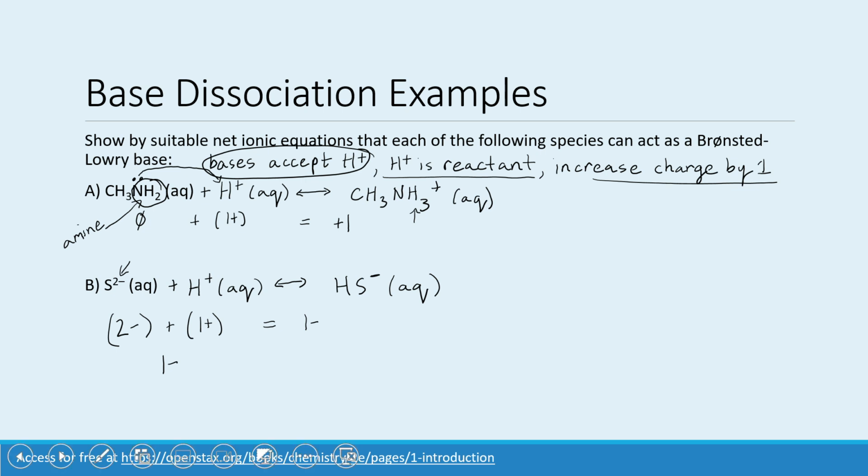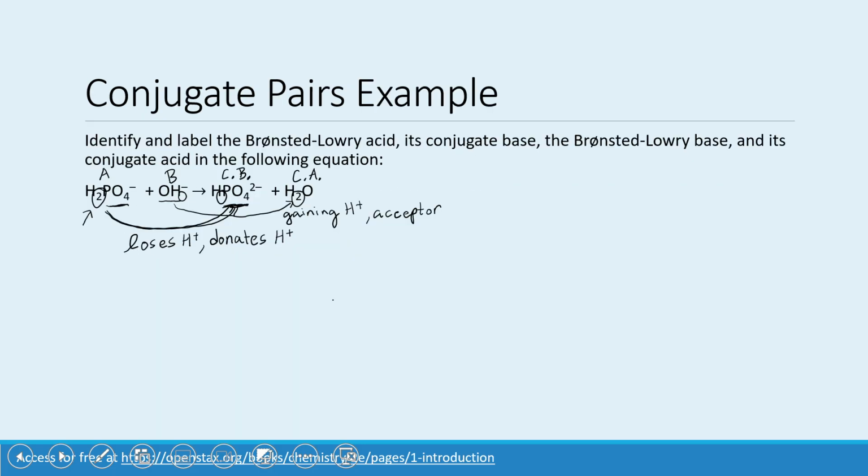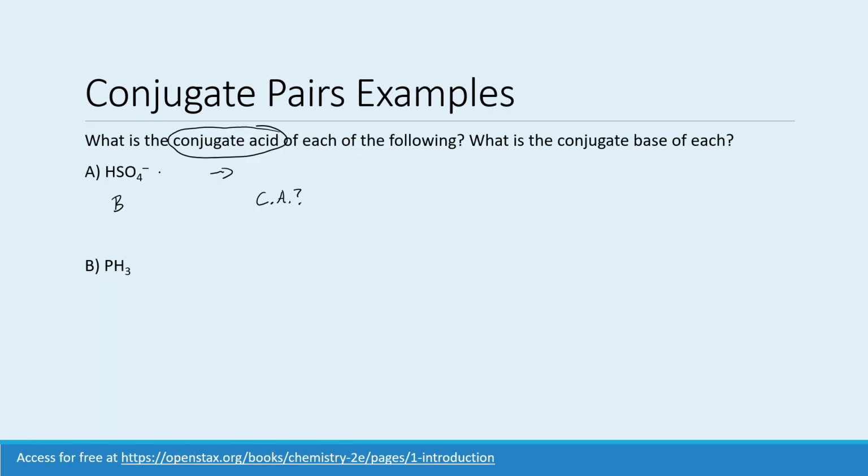If something's acting as a base, we must add the H+ as a reactant. So we add an H+, and when we add that hydrogen to the reactant species, we get H2SO4. It started out with a -1 charge, and you added a positive charge, so overall you get a neutral compound.